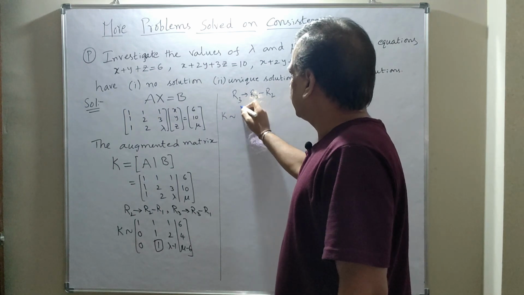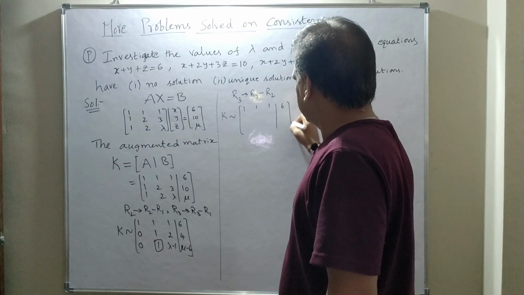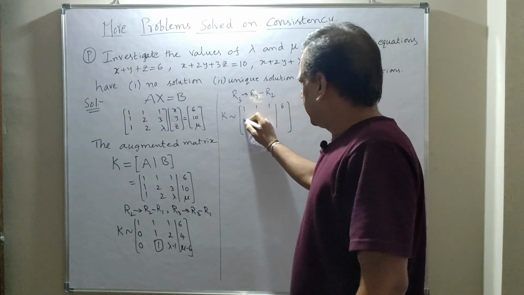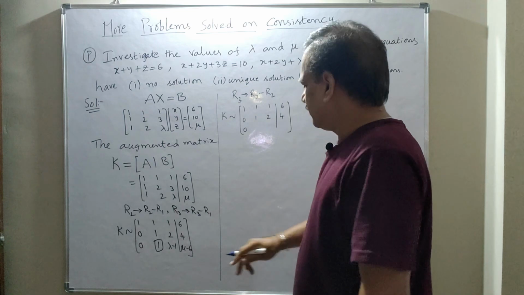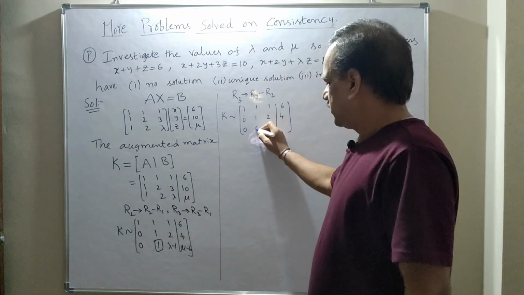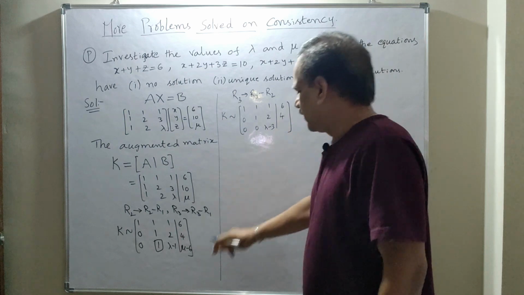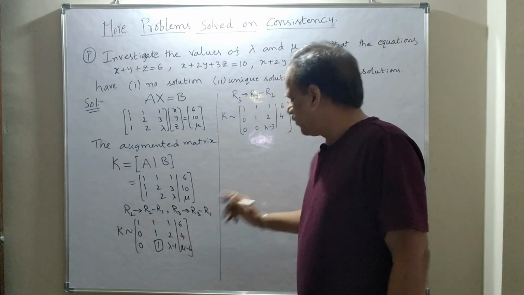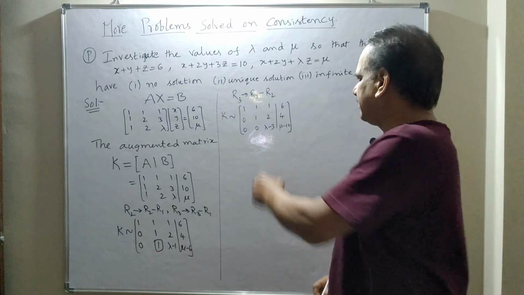So K is transformed into 1, 1, 1, 6, 0. There is no change in the second row. Third row is R3 minus R2, 0, lambda minus 1, minus 2, lambda minus 3, mu minus 6, minus 4 is mu minus 10.